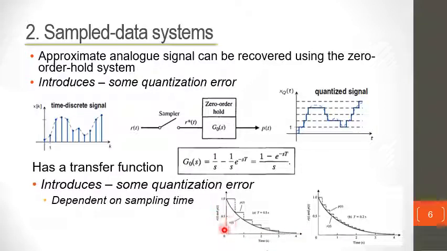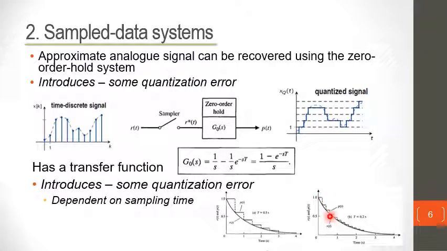the sample and hold output, which approximates this particular signal, will be of this form, the steps P of t. If you use, say, a sampling time of 1 second, then you'll have this type of steps. If you use a sampling time of 0.2 seconds, you would have a smoother signal that's closer to R of t.